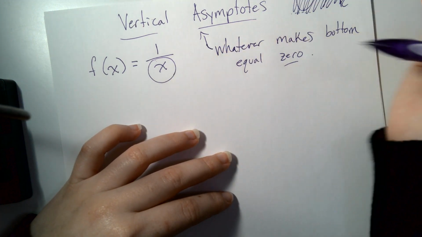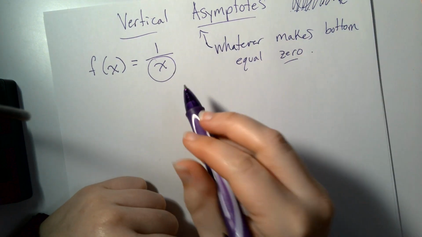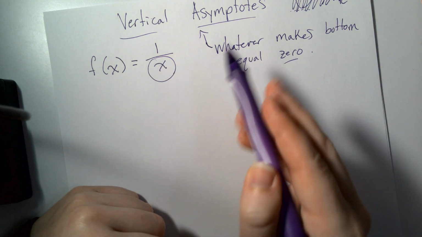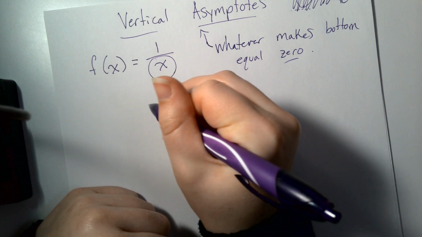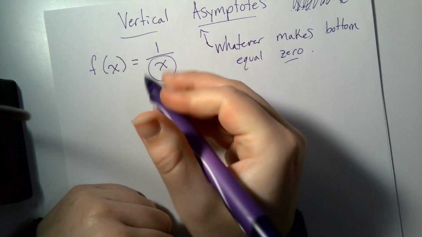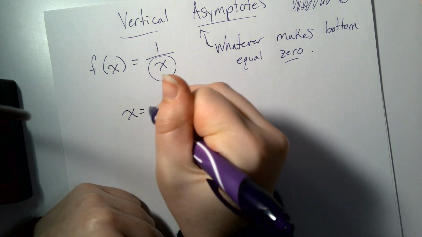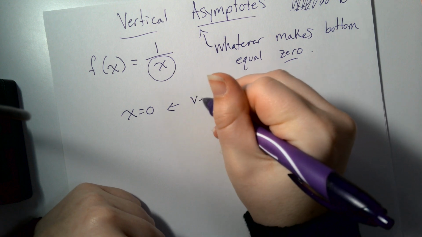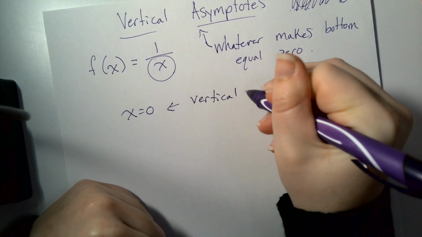In this case, what would make the bottom 0? What would make x 0? Well, that's easy to answer. x equals 0 would make the bottom 0, so x equals 0 is going to be our vertical asymptote.